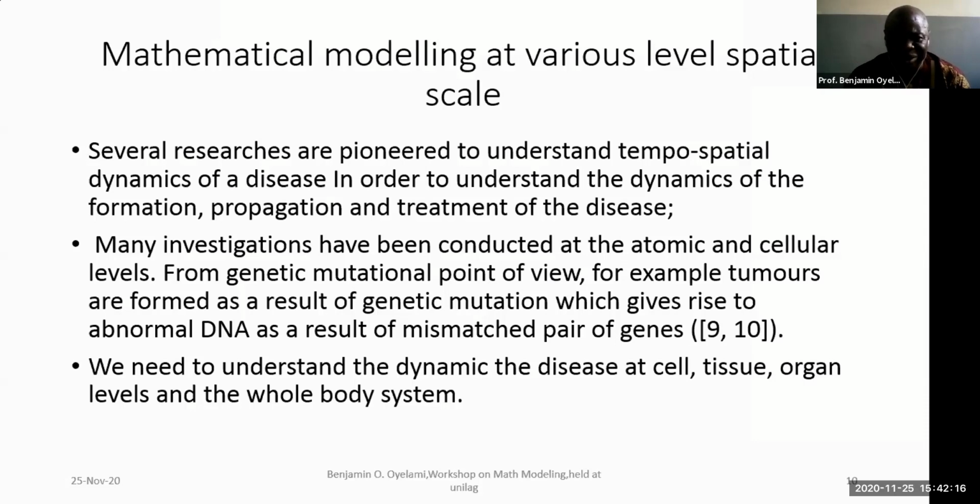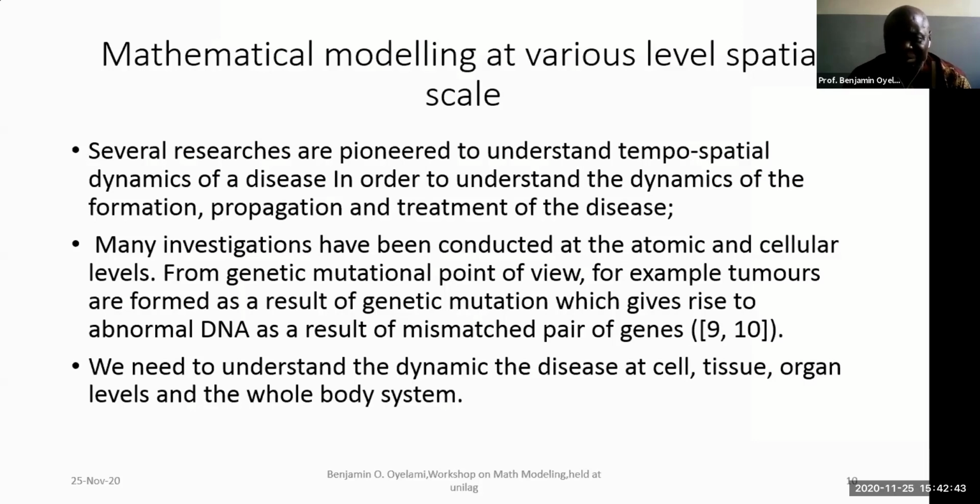For example, many scientists are saying it is a result of genetic mutation, when the DNA copy is corrupted and you have a mismatch of gene. So that is happening at the atomic and subatomic level. So we have to look at the gene and see what happened at that level. Is it true that there is mismatch?